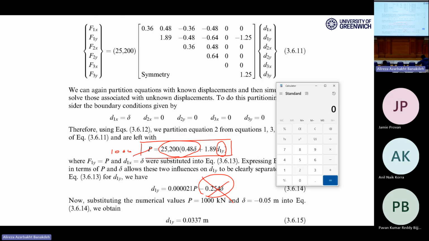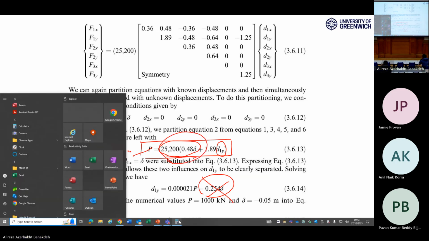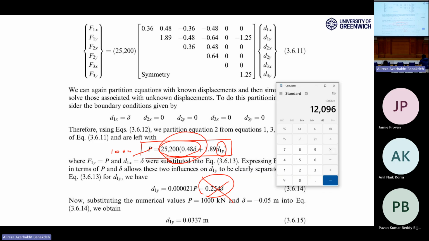What I did is 25,200 multiplied by 0.48. I'm writing this part. Multiplied by 50 millimeter, which means divided by 1,000 to be meter.